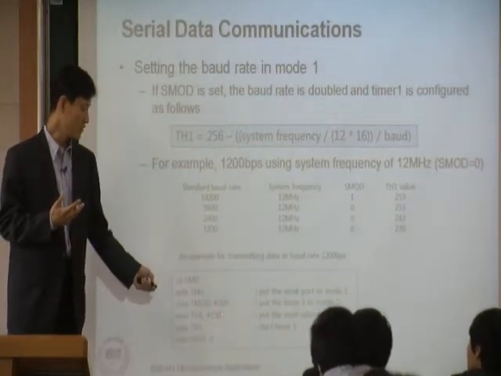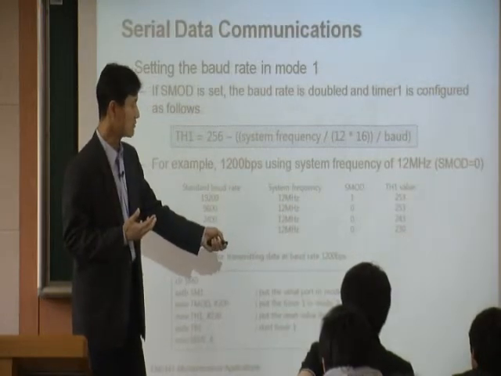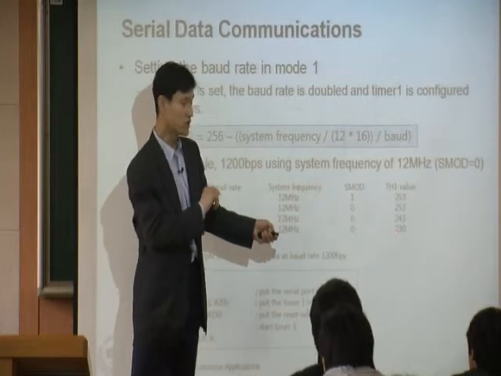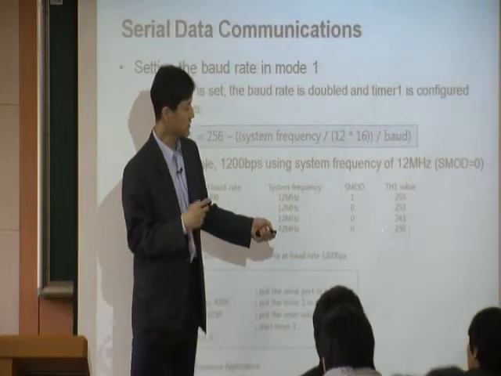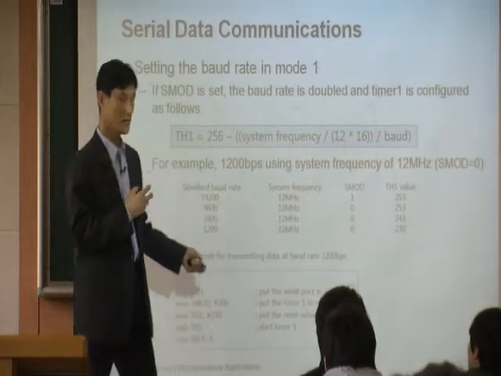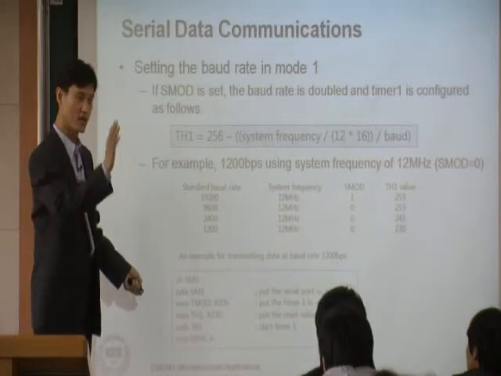And this is the value you have calculated here. Because I want to use 1200 bps, based on this calculation, I found that this is my initial value. So you write this initial value here in the TH, and then you run the timer.